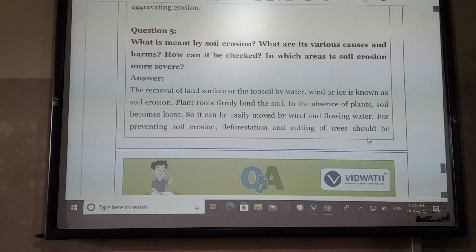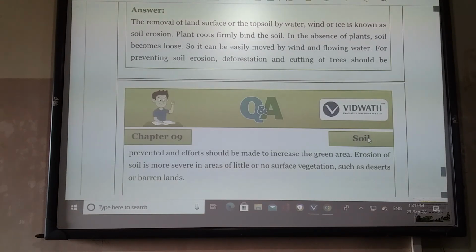Another cause is deforestation and the cutting of trees. Unnecessary cutting of trees should be prevented, and effort should be made to increase the green area, planting plants wherever space is available.